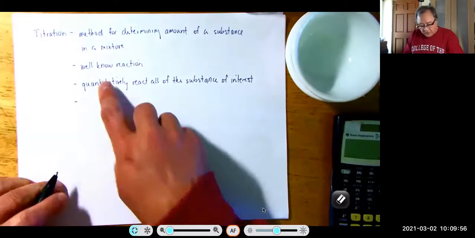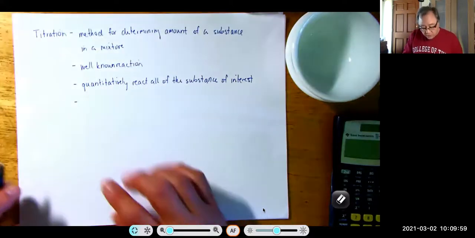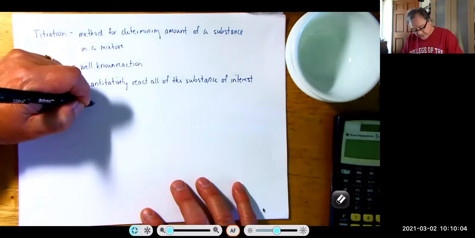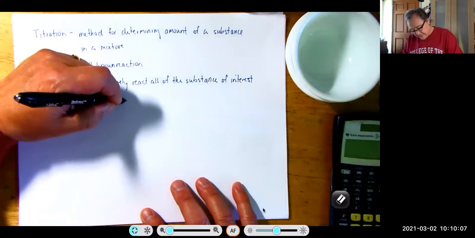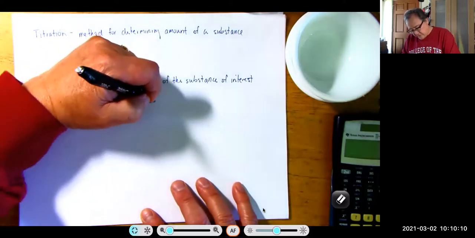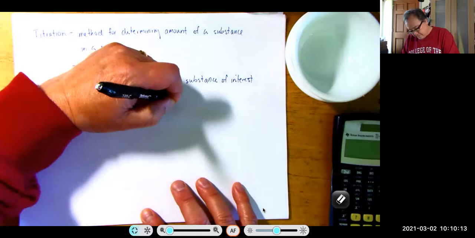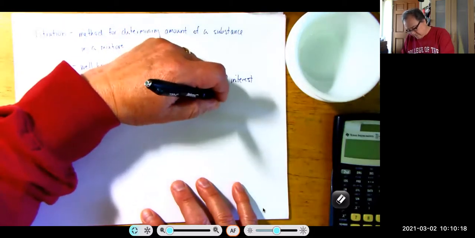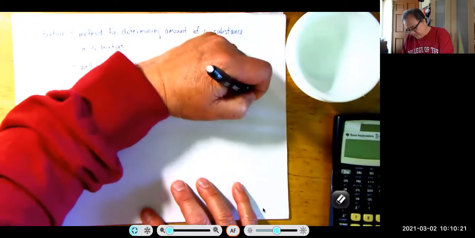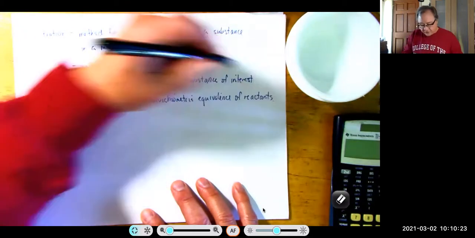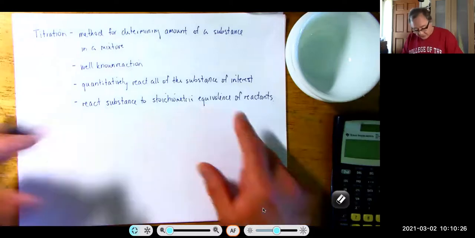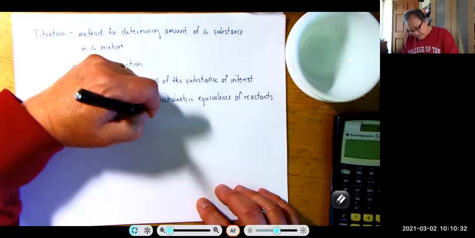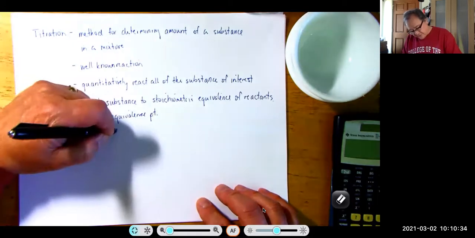And based on your well-known reaction, you want to react it to a stoichiometric equivalence of reactants. And this stoichiometric equivalence of reactants is called the equivalence point. It's also called the end point.